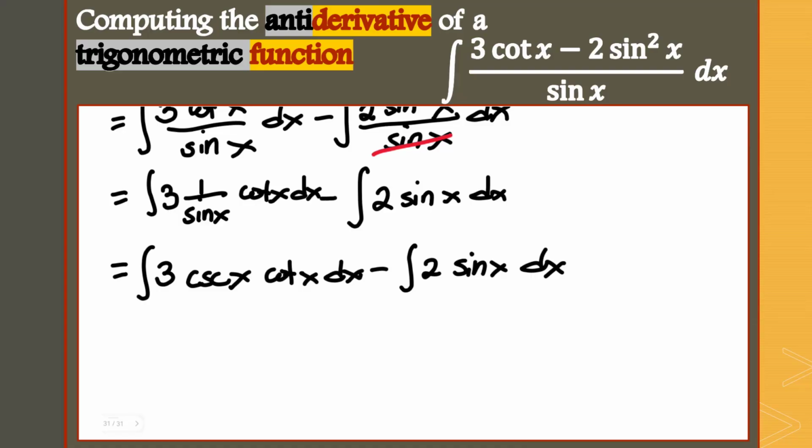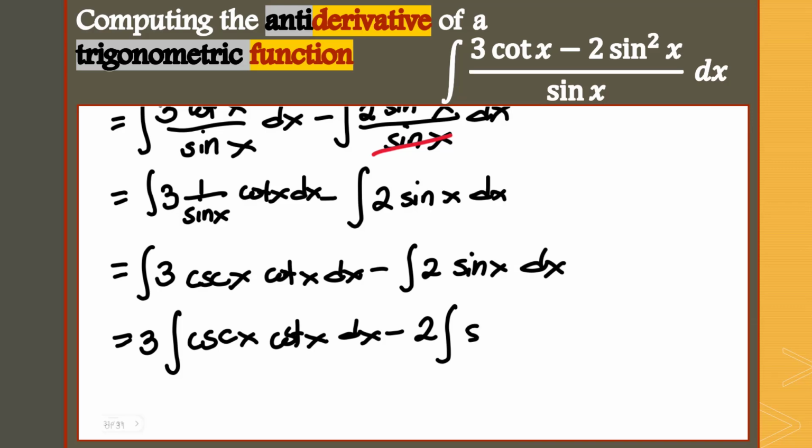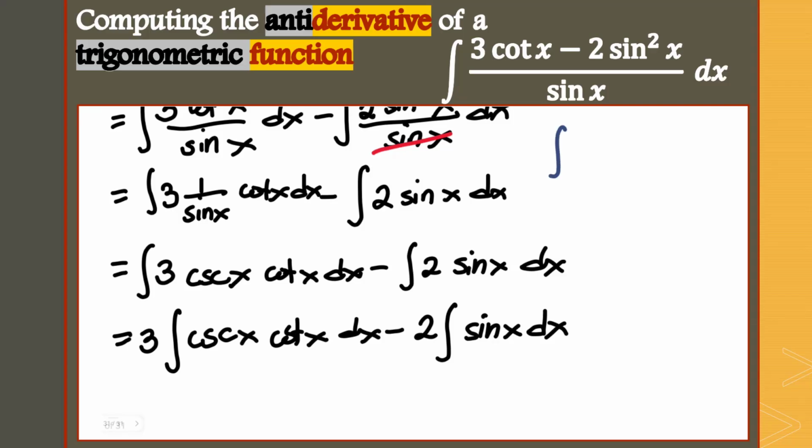Now, from this, we can move out our constants: 3 times the integral of cosecant x cotangent x dx, minus 2 times the integral of sine x dx. Now, as a short review, we know that the integral of cosecant x cotangent x is equal to negative cosecant x plus c.